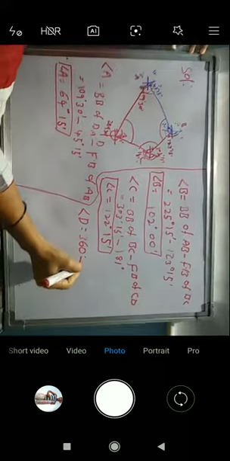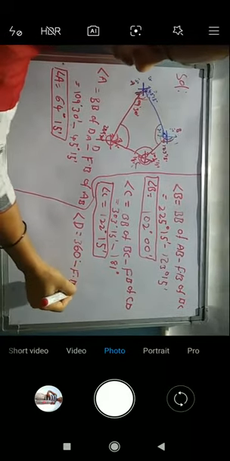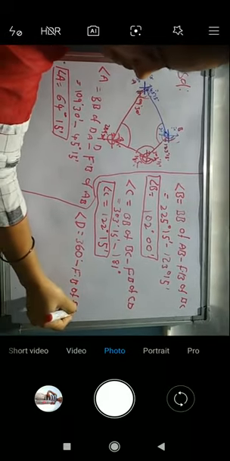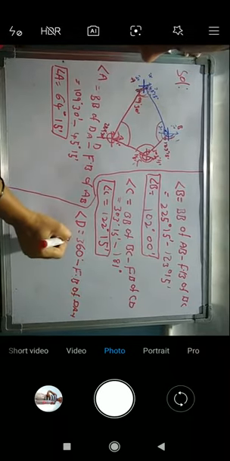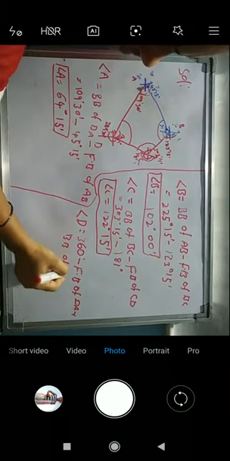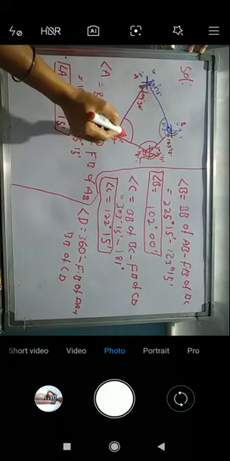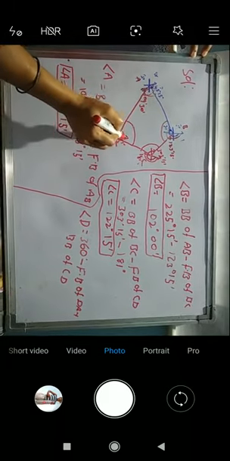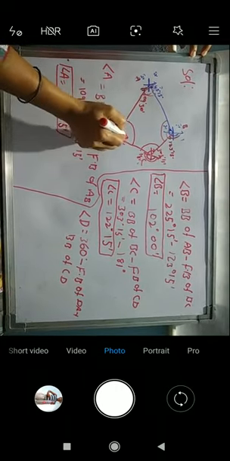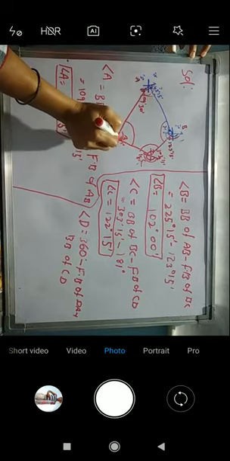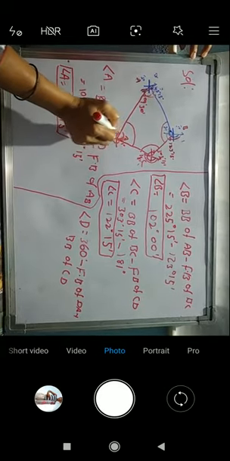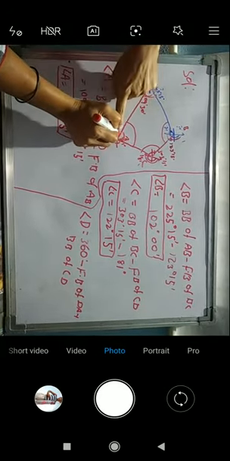So angle D is 360 degrees minus forebearing of DA plus back bearing of CD. Is it okay? This total is 360, the whole circle. From this total circle, I am deducting the forebearing of DA, so we get this value.